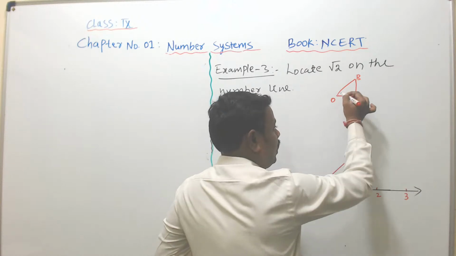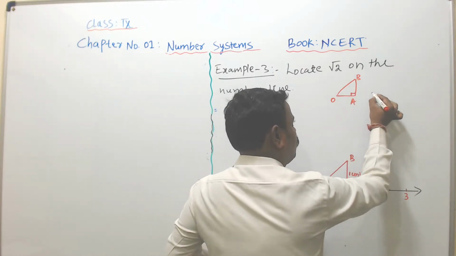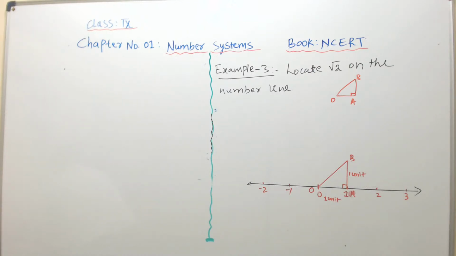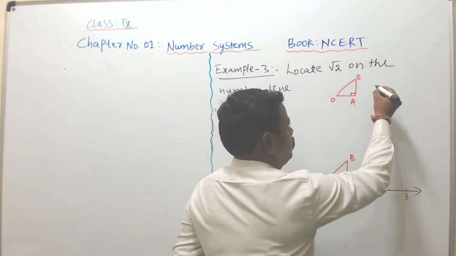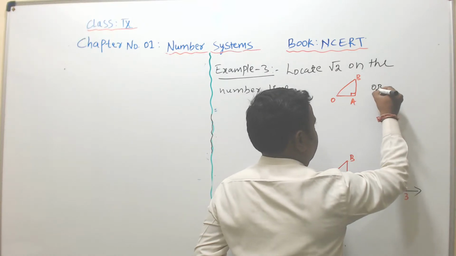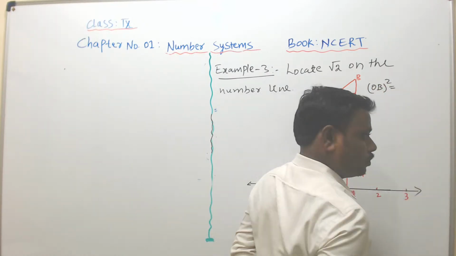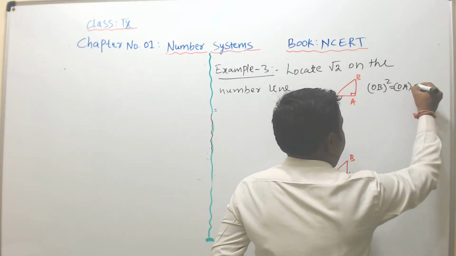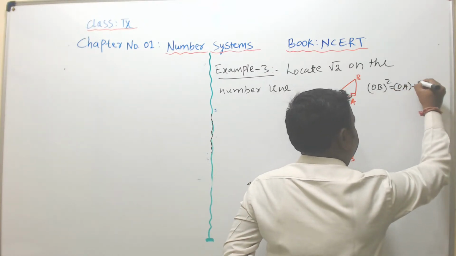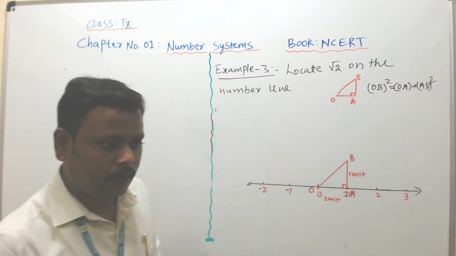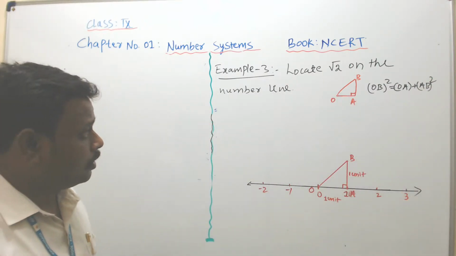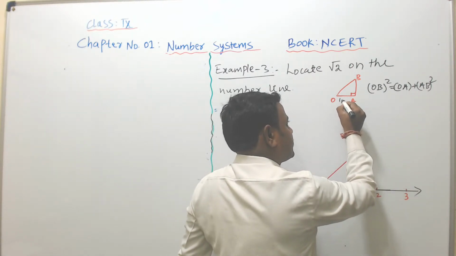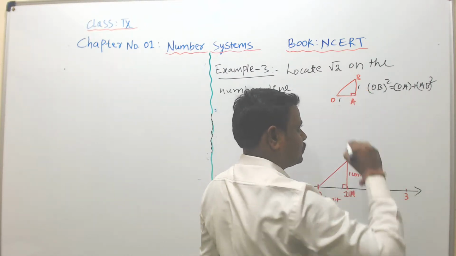Here hypotenuse is OB, so OB square is equal to OA square plus AB square. We know that this is already 1 unit, and this is also 1 unit.